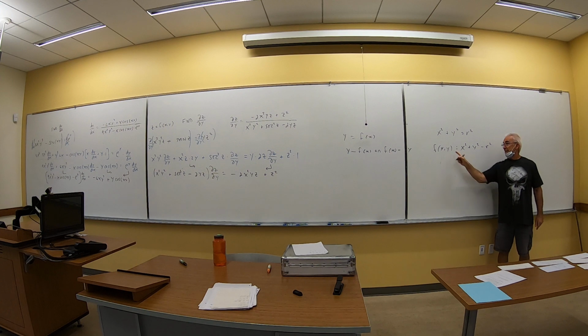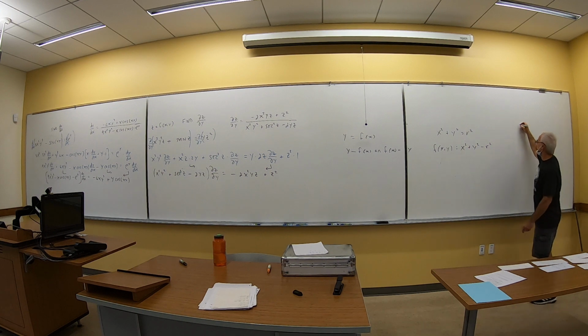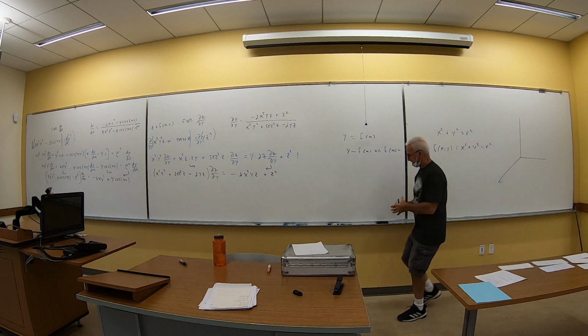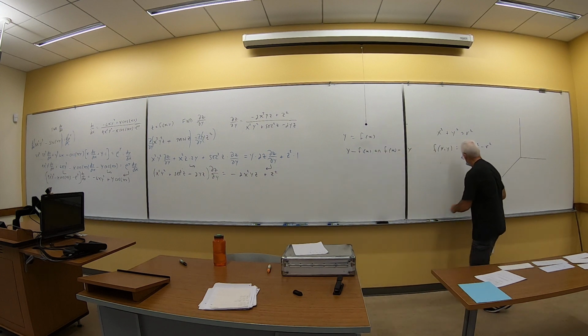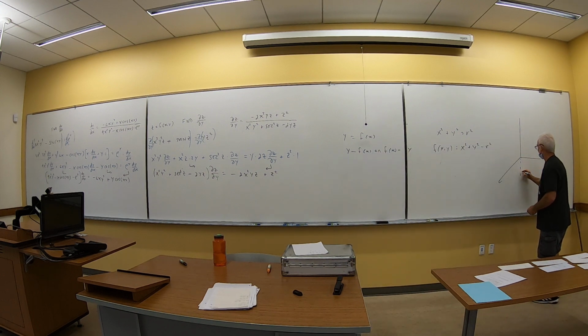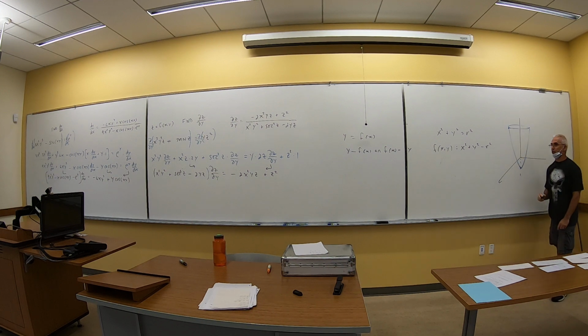No, no, no, no. If f of xy equals 0, I get this particular two-dimensional curve back. But the graph of this thing, this is way cooler than that. Right? This is a circular paraboloid.